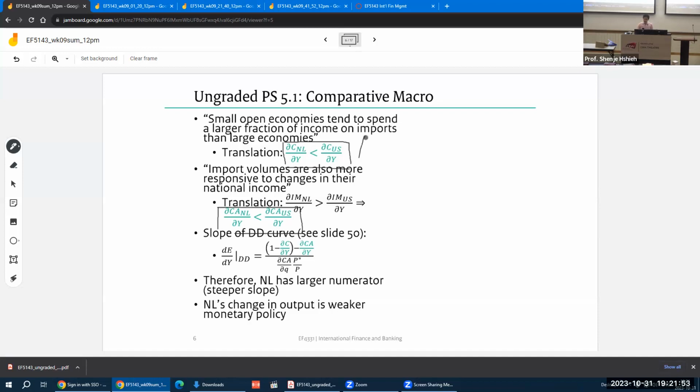All right, so given these two conclusions from the sentences you read in the homework question, and you want to know a closed form expression for the slope of the DD curve, we can derive it. You can derive it in the slides. I'm not going to have the time to derive it for you because I think it's a bit tedious, but it's there in the appendix, okay?